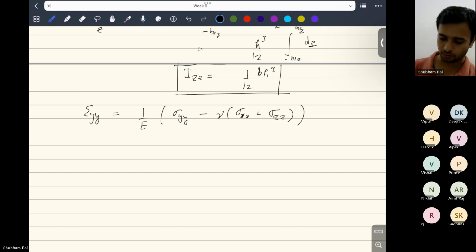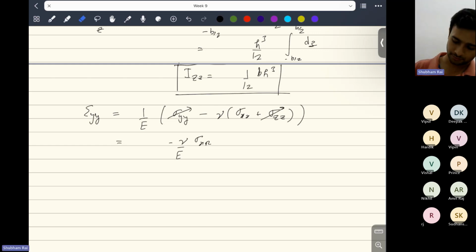Now sigma yy and sigma zz are 0 because there are no stresses in those directions. We are only applying bending moment. So these are 0, and we will have minus mu into sigma xx, because sigma yy and sigma zz are both 0.